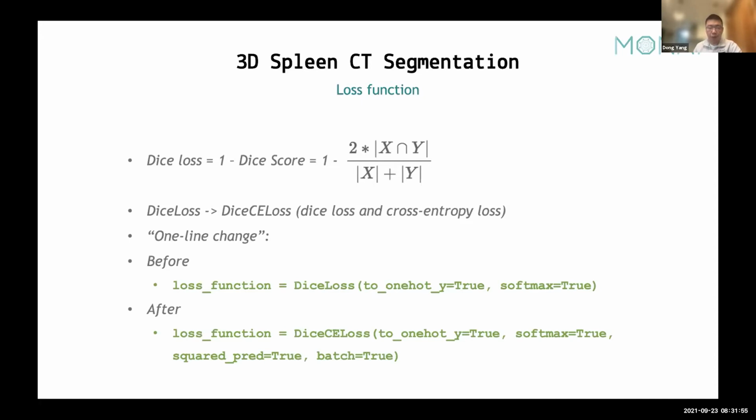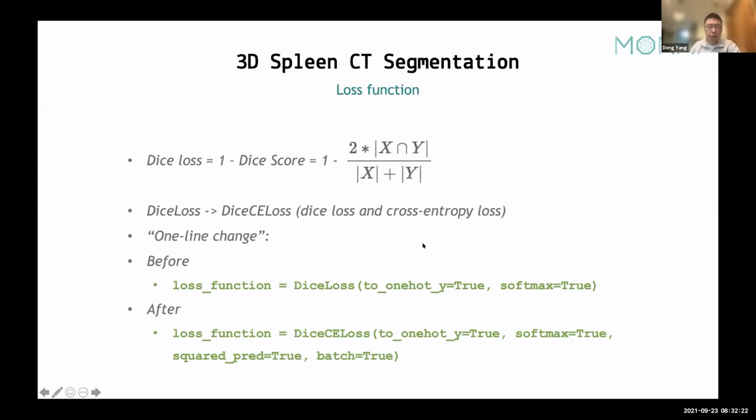Which means you have the global structure together with a local, say the boundary area, constraint, so eventually you will have better performance. So we made a very interesting experiment. We made a one-line change for the loss function, from Dice loss to Dice cross entropy loss, and made a comparison to see the learning curves.